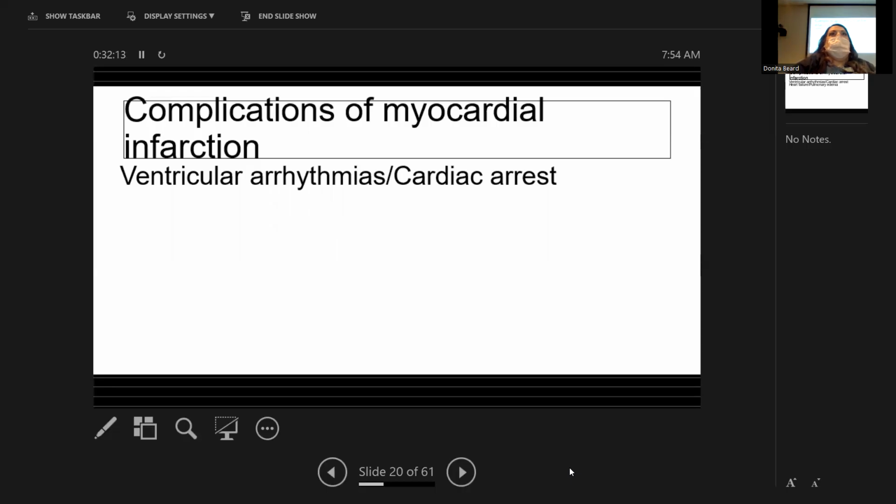Yeah. Yep. So that kind of leads to heart failure. Some of that can lead to cardiogenic shock. What else? Yep. Stent thrombosis. Good. Any others?